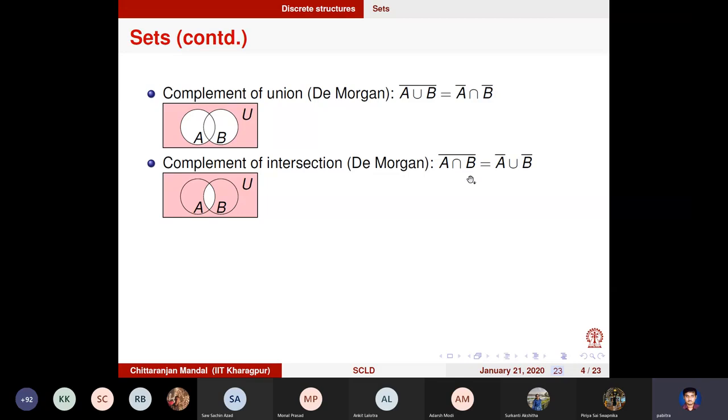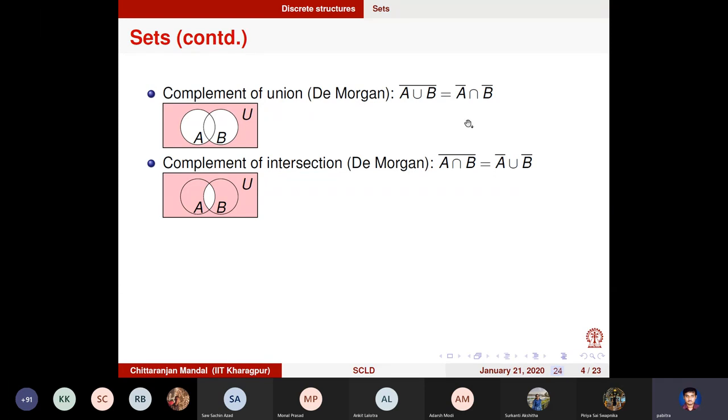You have the dual De Morgan's law, which we'll come back to. Every algebra has some dualities in terms of their operators. We'll talk about these dualities. You see the difference between the first law and the second law is only that we have interchanged the union with the intersection.